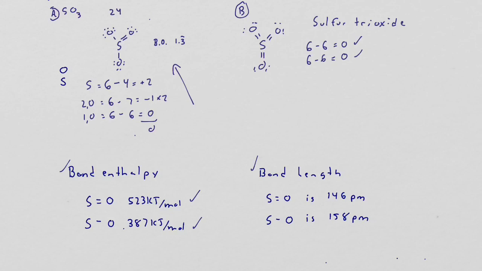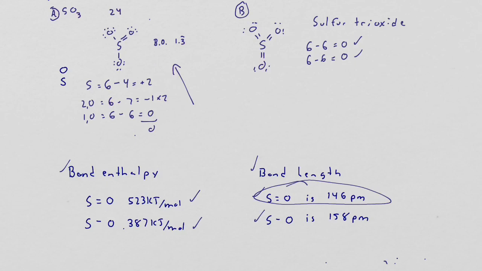So the bond enthalpy would be closer to that of a single bond. And the bond length would tell you that as well. So if they tell you that double bonds are 146 picometers and single bonds are 158, and all the bond lengths are about 145 picometers, well, they're telling you they're all double bonds, right? But without that information, you're not expected to draw that conclusion.